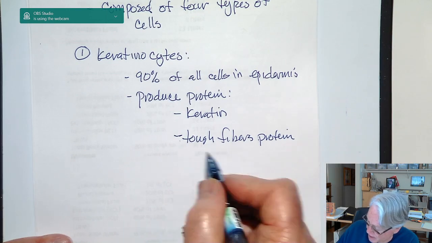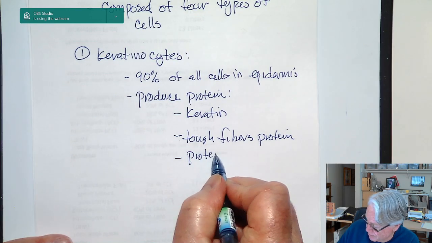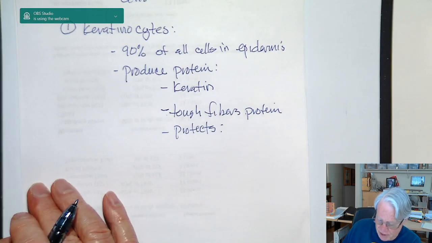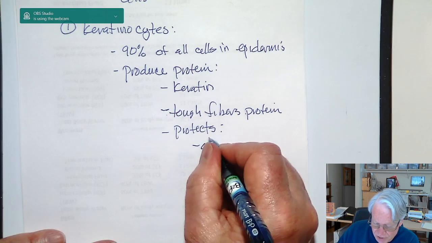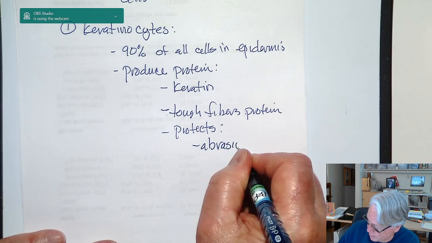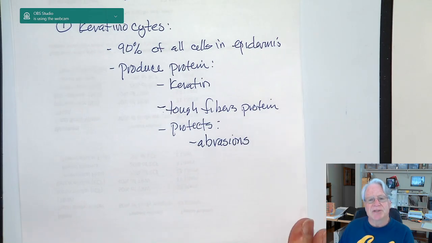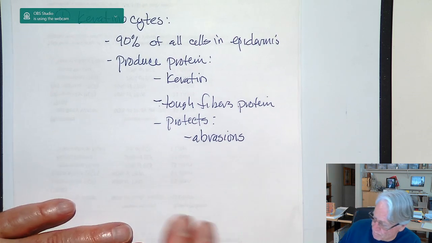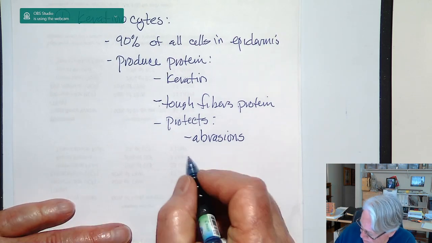Okay? And it has a protective function in the skin against abrasions. And what is an abrasion? An abrasion is a type of injury in which you scrape yourself, as opposed to something like a cut. So if you fall down and skin your knee, that's an abrasion, as opposed to accidentally cutting yourself with a knife. That would not be an abrasion.